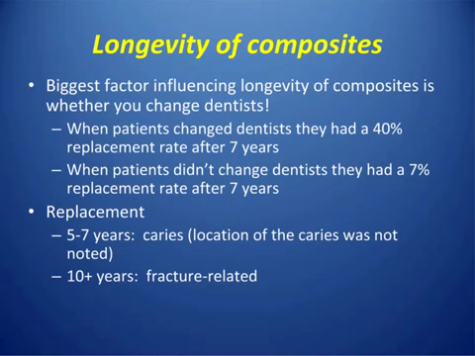And if you look at the last bullet points, when we talk about replacement of materials, if a restoration was replaced within 5 to 7 years after placement, the most categorized reason for replacement was caries. And if the restoration made it 10 plus years, mostly the failures at that point are fracture-related failures, which can start to speak to the material itself.